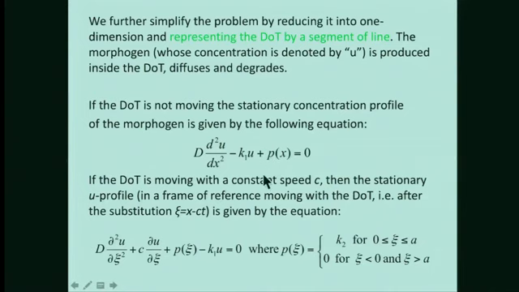If the segment is moving, then we can jump into a co-moving frame of reference. The equation gets slightly different. On one hand, it gets a bit more complicated because we get an extra term, an advective term. On the other hand, it gets simpler because now our segment is stationary, so it's easier to represent the production term.